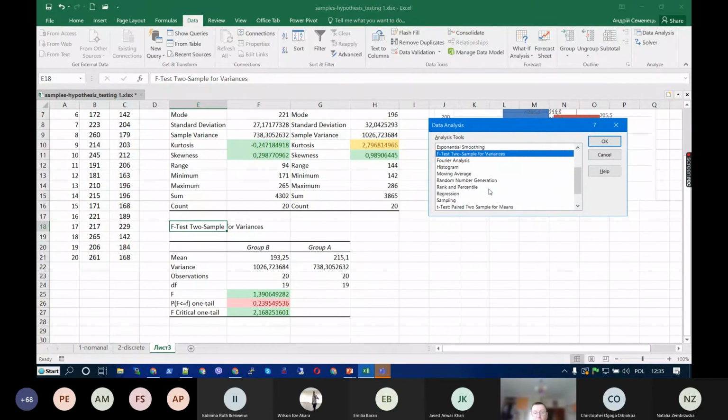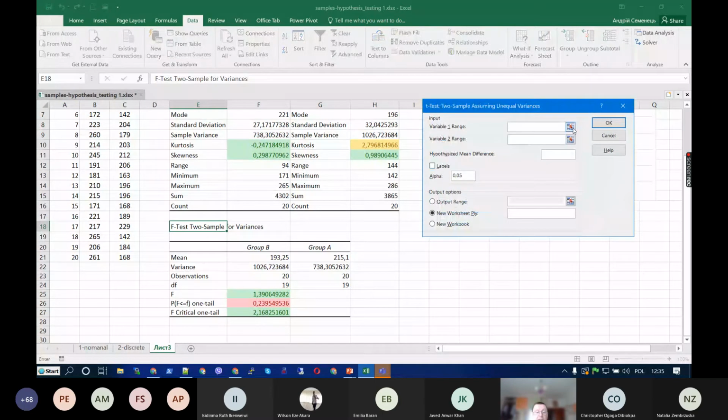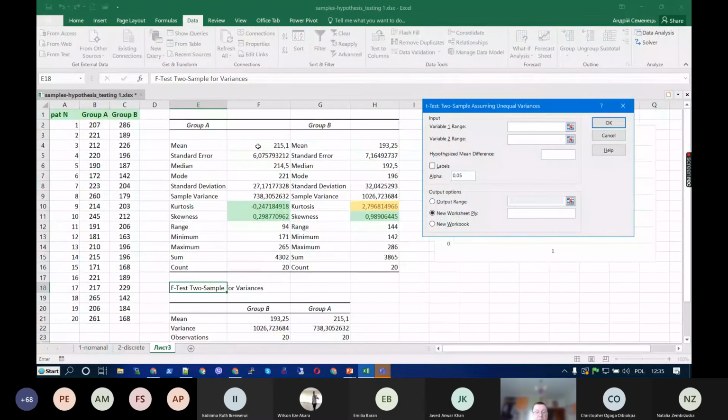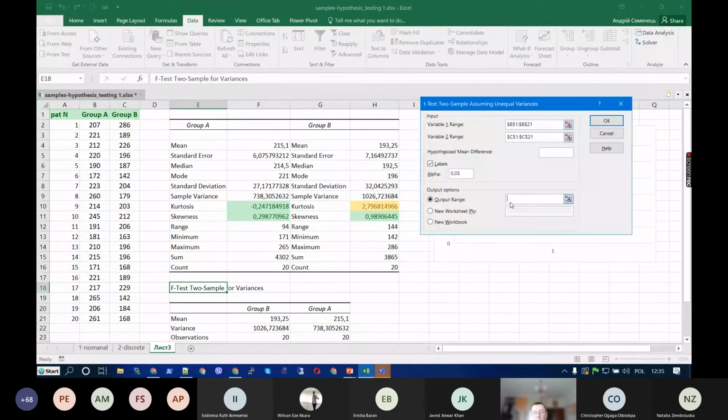Let's assume unequal variance first. For the test statistic in this case, it would be better to provide the order where the greater mean is the first variable. In this case, it will be group A. So group A is the first variable, group B the second variable. Again, labels I have, and the output range will start from this point.